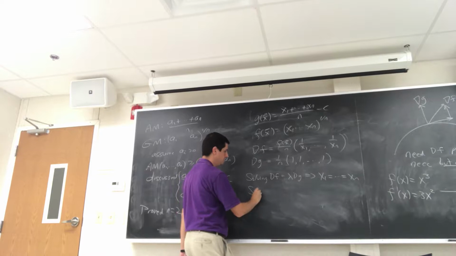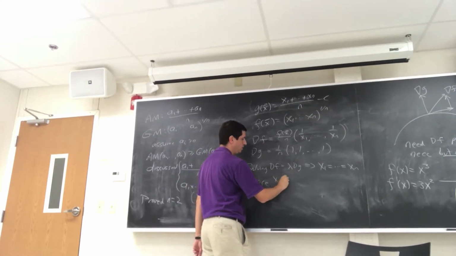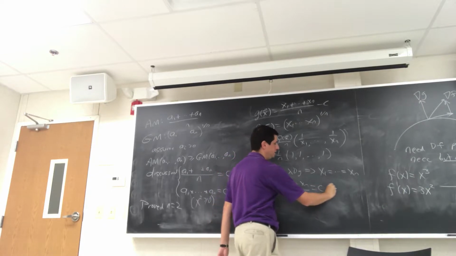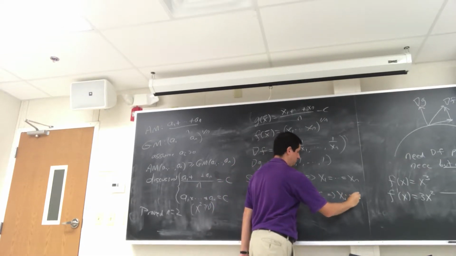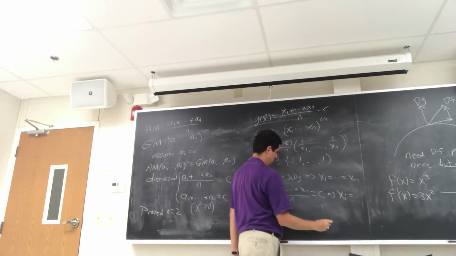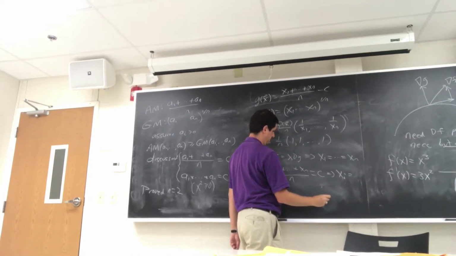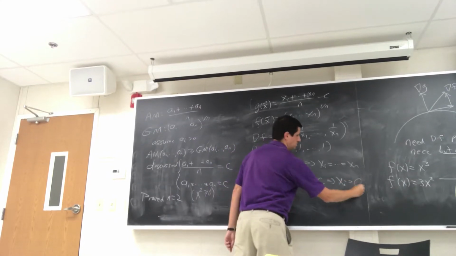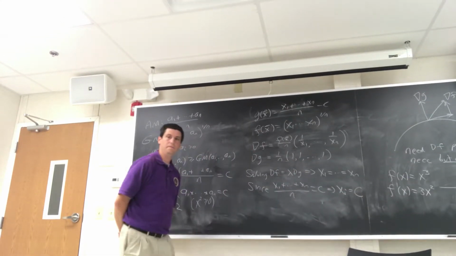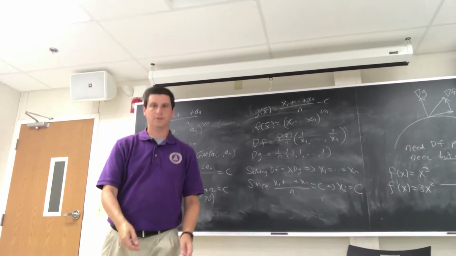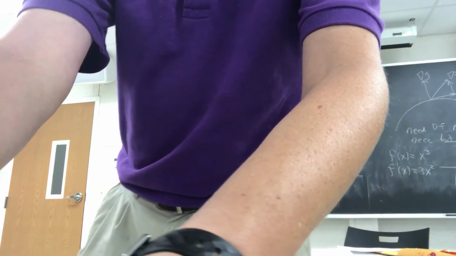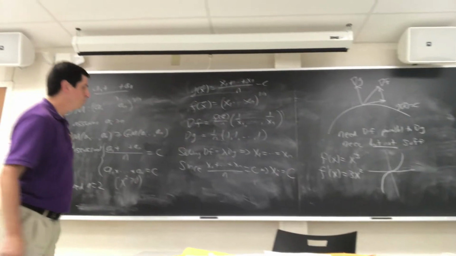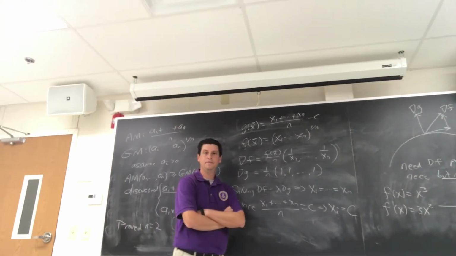And then, since x1 plus xn over n equals c, this implies each xi is just c. Yep. Okay? So we get that the only candidate for an extremum is when they are all the same.